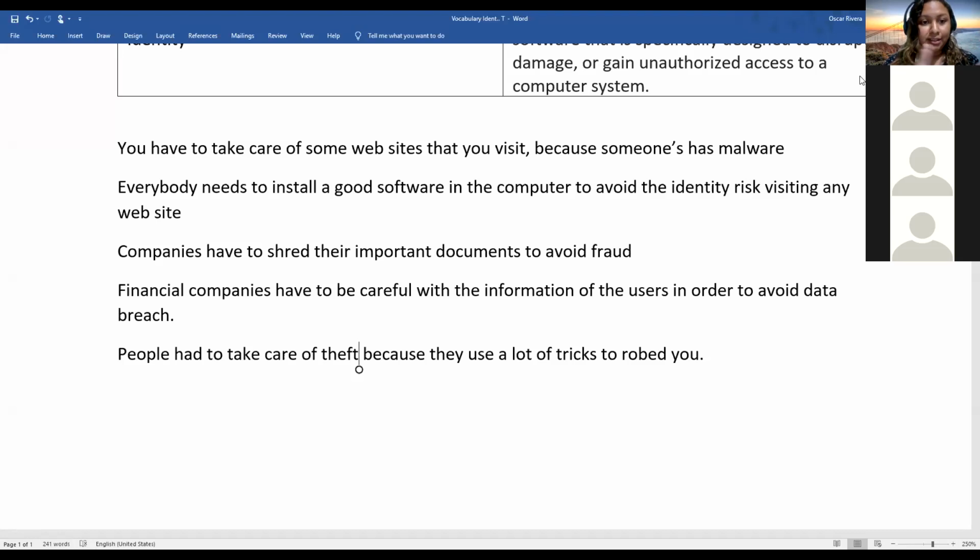There's a warning. So you have to be careful with some websites that you visit. The second part, because someone is for a person. I say, I know someone who can help you with your problem. Someone is a person. And in this case, we're talking about what? About people or a website? A website. So if I cannot say someone for the website, what's the word I can use?